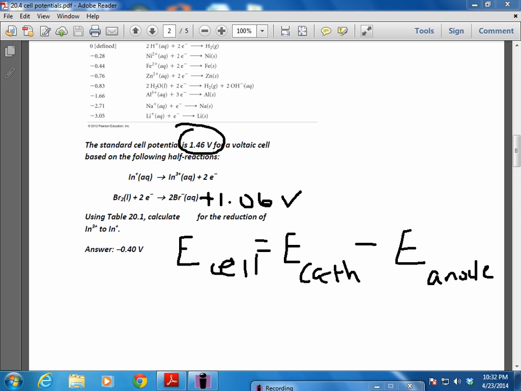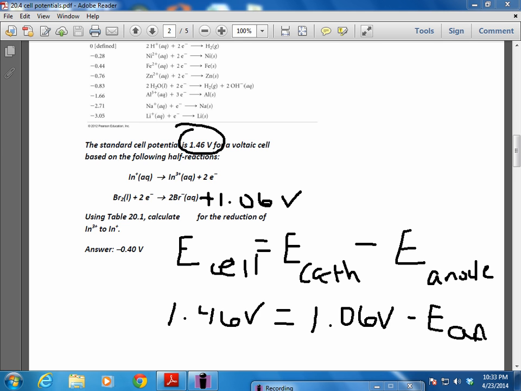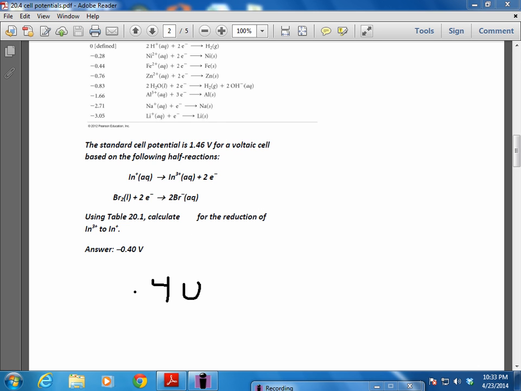So we plug that into our equation. 1.46 they tell us is the overall cell voltage. The cathode we know is 1.06 volts. And we're going to try to find that of the anode, which happens to be indium. I'll just abbreviate E sub AN. So if I solve it on both sides, I end up with 0.40 volts equals the negative of the electric potential of the anode.